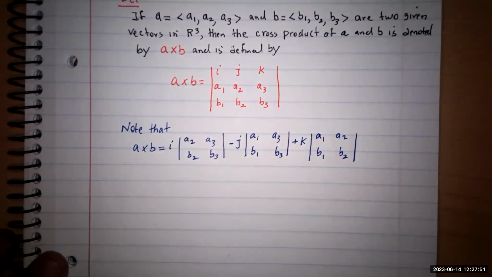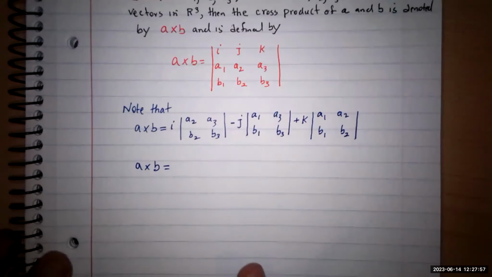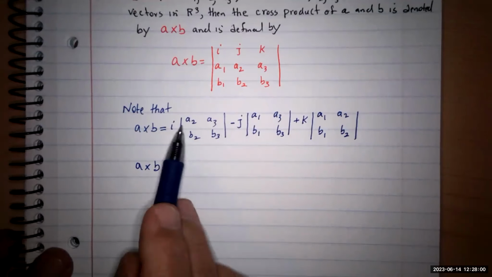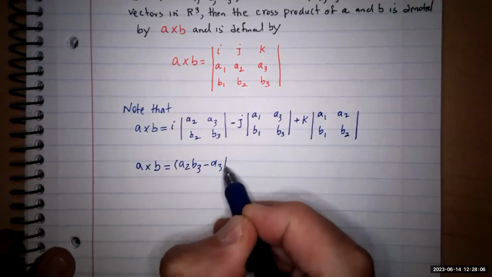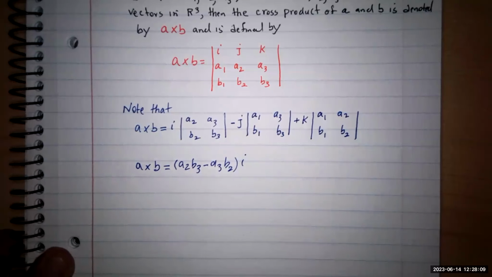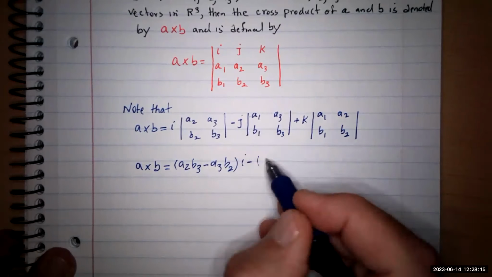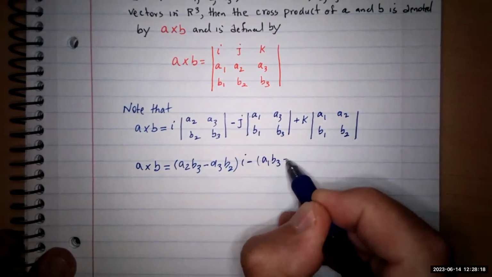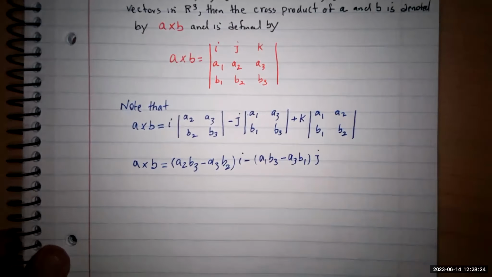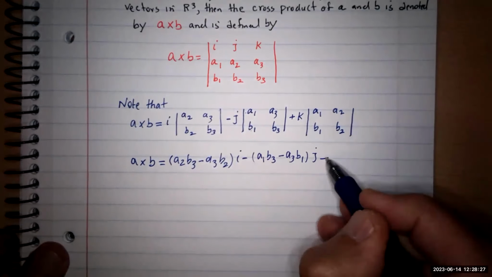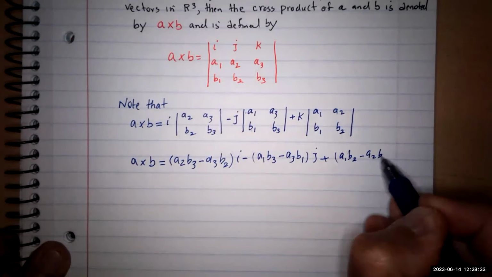Then you can go on and distribute this. So that would be the formula: A cross B equals A2 B3 minus A3 B2 times i, minus A1 B3 minus A3 B1 times j, and the last one plus A1 B2 minus A2 B1 times k.